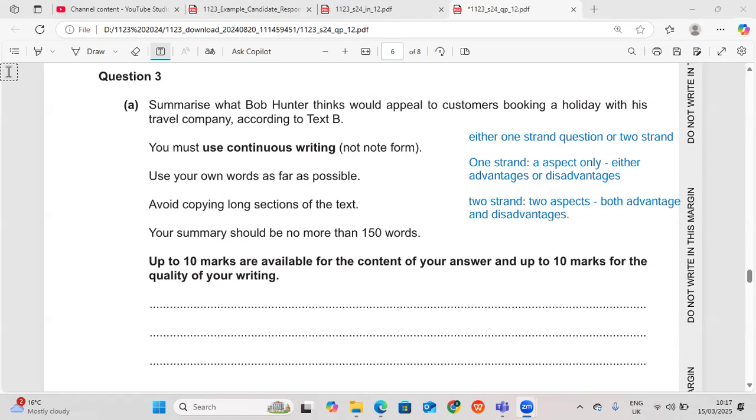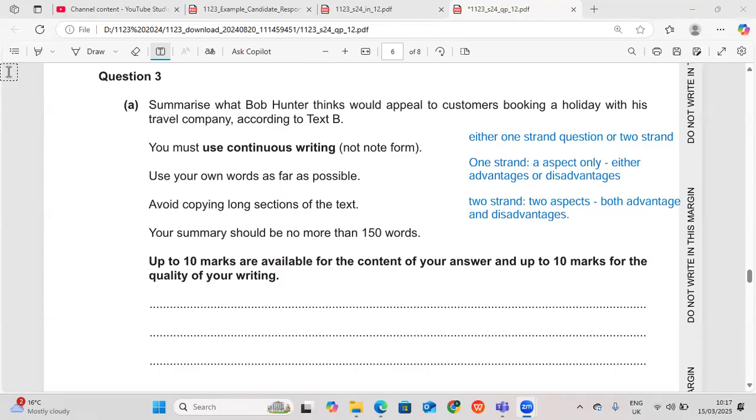Now the second thing is, whenever you do any question, particularly summary writing, you have to make sure you're writing in a way that the reader has no access to the original text.